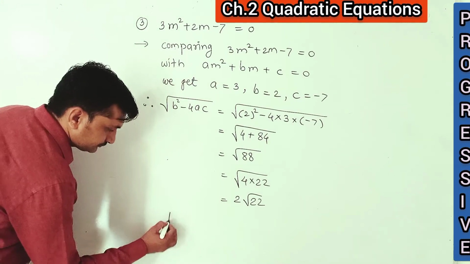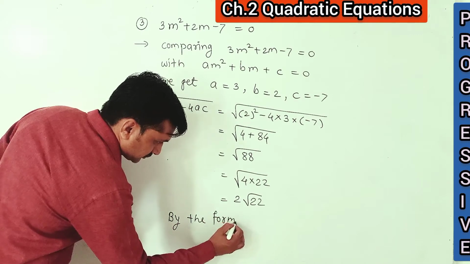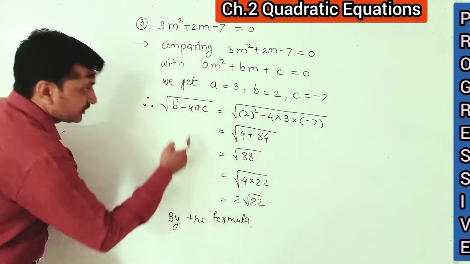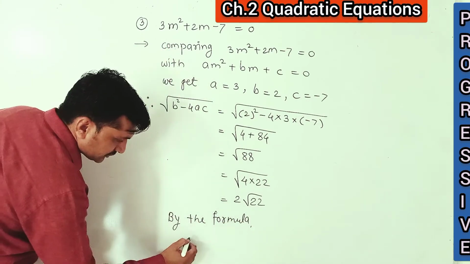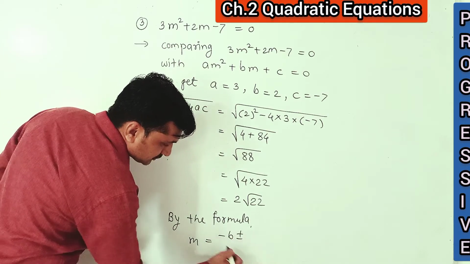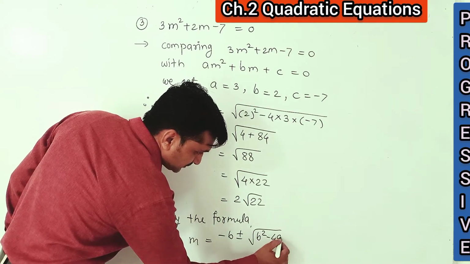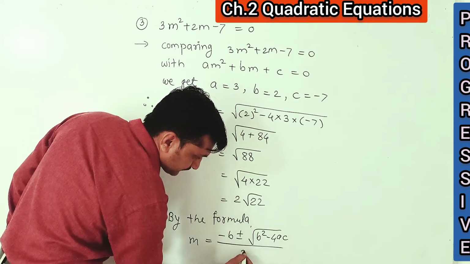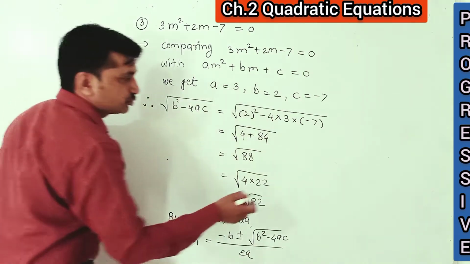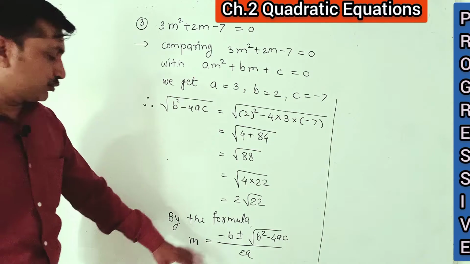Now, by the formula, write down the formula. The variable is m now, therefore you write m is equal to, the right side is the same, minus b plus minus root b square minus 4ac upon 2a. Here is no change. Now put values.